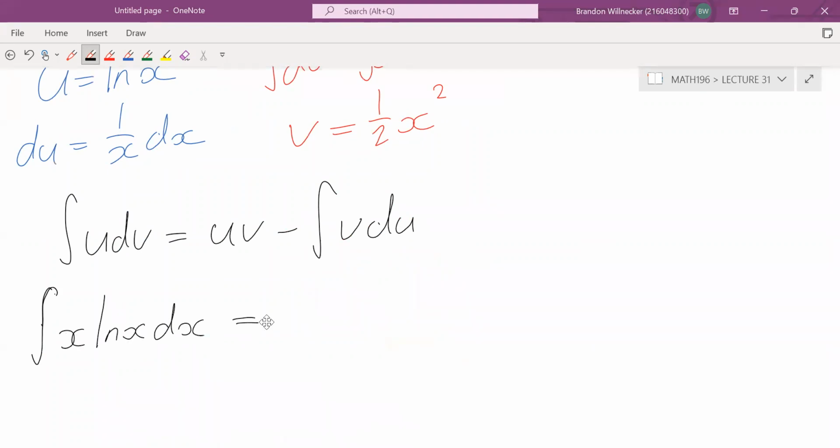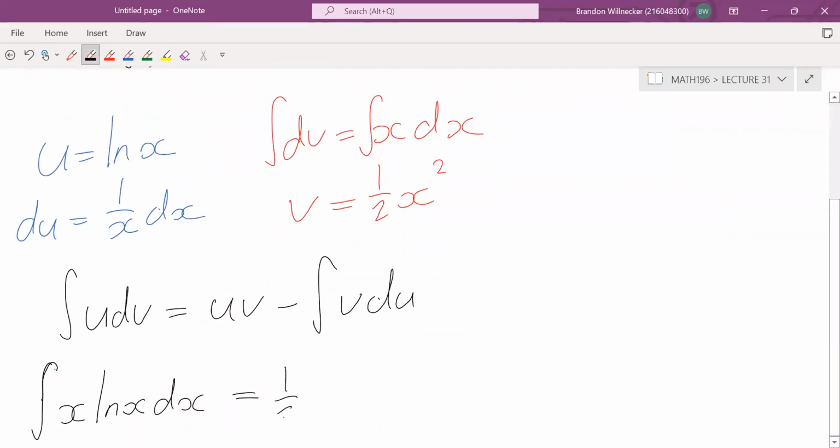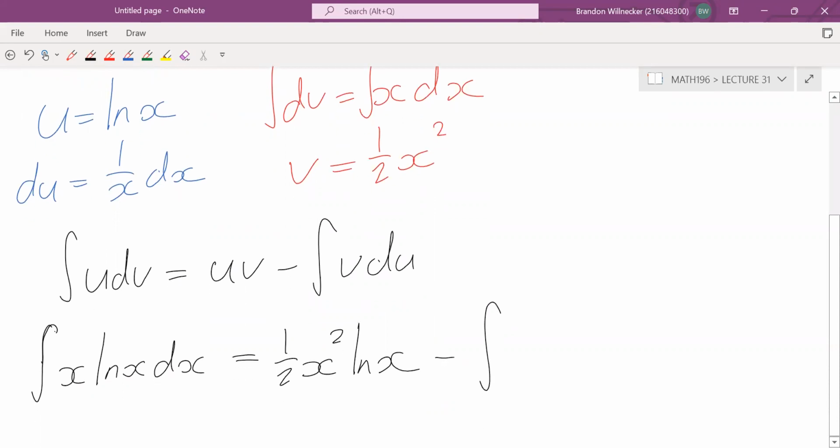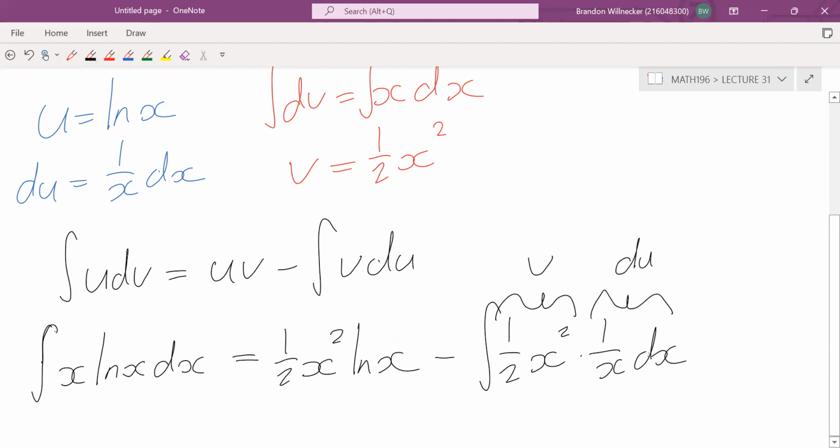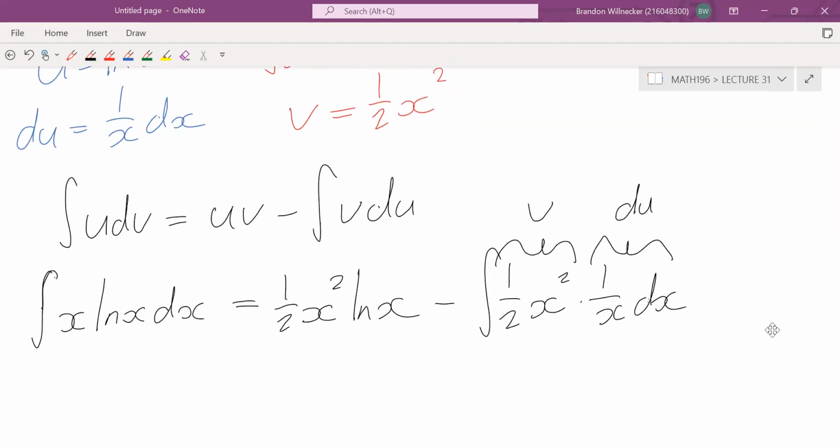Now, u times v is going to be 1/2 x squared natural log of x, just multiplying those two, minus the integral of v du. So that's 1/2 x squared, that's the v part. The du part is 1/x dx. So we just substitute that in.